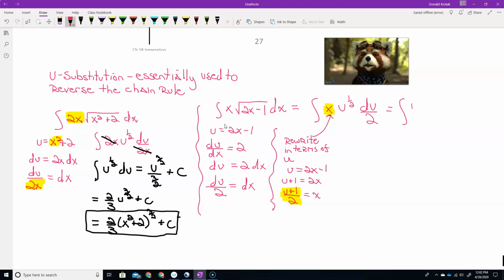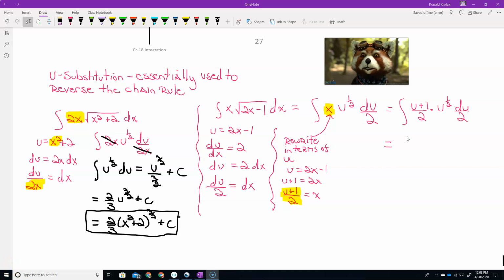So now I have u plus 1 divided by 2 times u to the 1/2 du over 2. And now we're going to integrate this. That's how you deal with it when it doesn't cancel like it did on the first example.